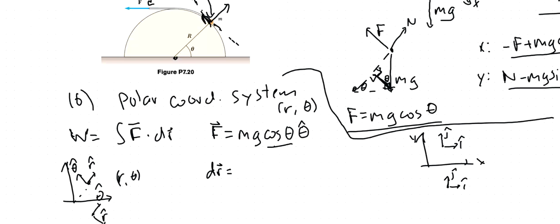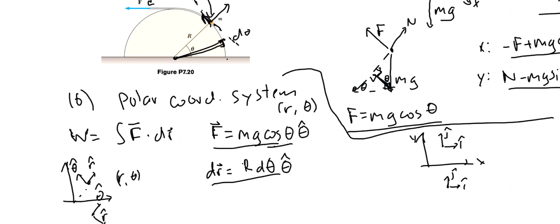Your dr is the length as you make a change in the angle by d theta, but you're always at radius capital R. So your dr is actually R d theta in the theta unit vector.